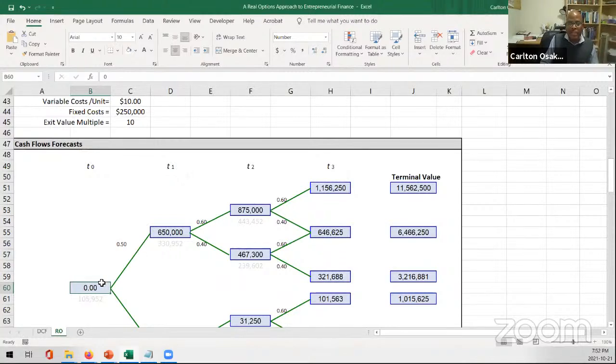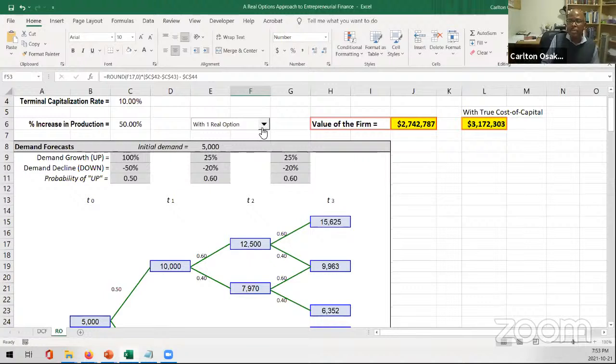But if instead it didn't exercise the option and it waited to expand it here, then what you find is that the value of the firm, with both the abandonment option and the expansion option, actually goes up to 3.7 million.